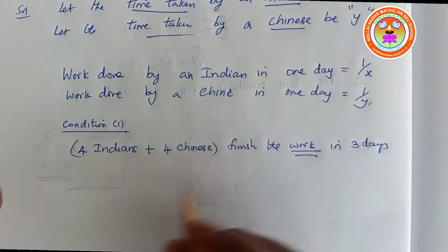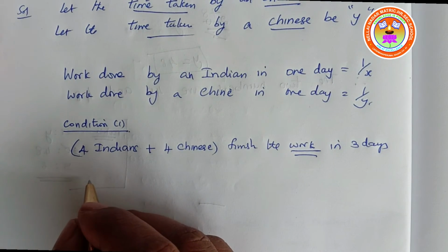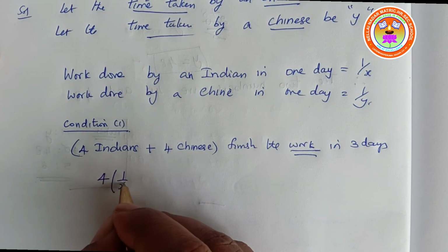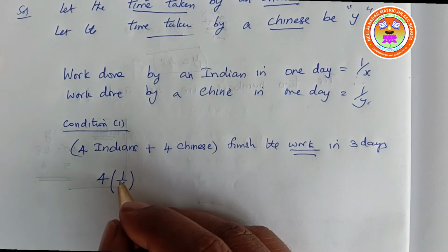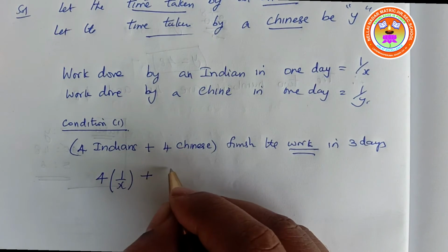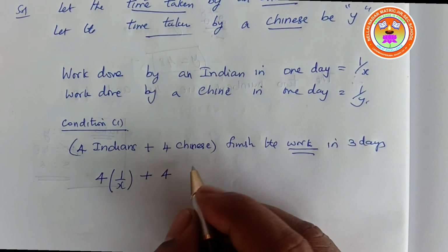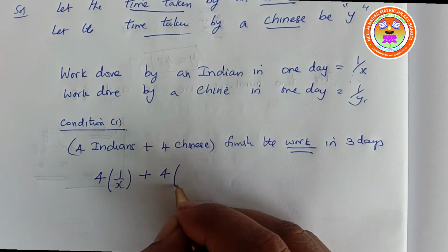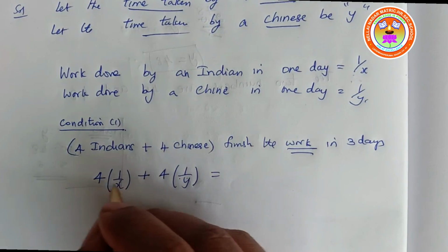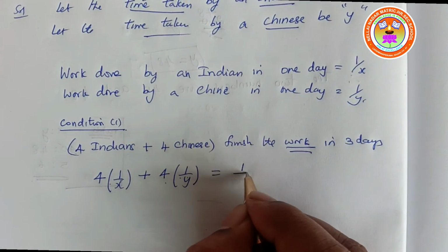Okay, a work is given, so automatically you have to write in fraction. So 4 into work done by Indian is what? 1 by x. Plus 4 into work done by Chinese is what? 1 by y. Okay, so both of them finish the work in 3 days. That means 1 by 3.